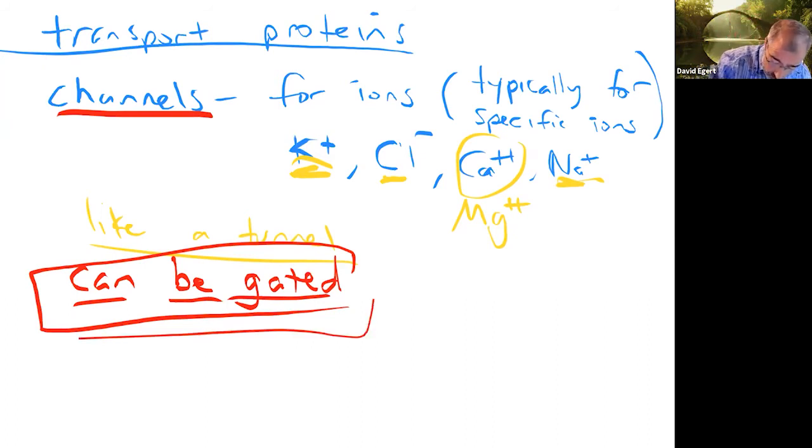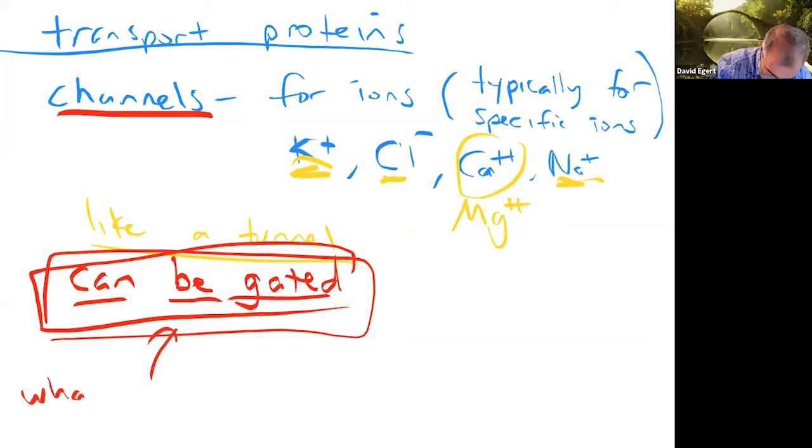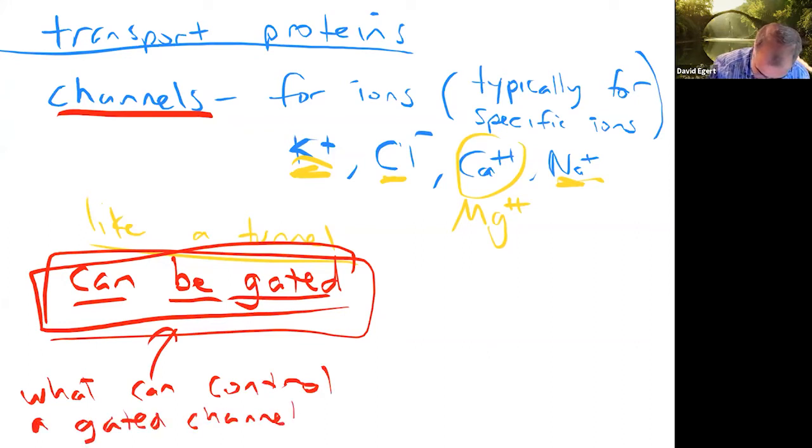So what we want to talk about is, what can control a gated channel? What can determine whether that channel is open or closed at any particular moment? Charges?